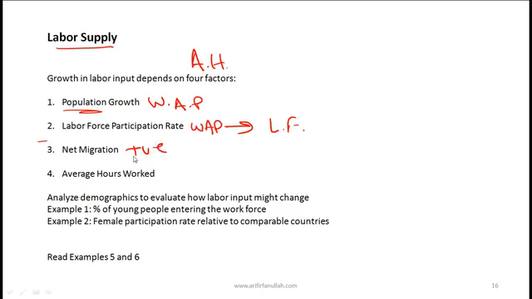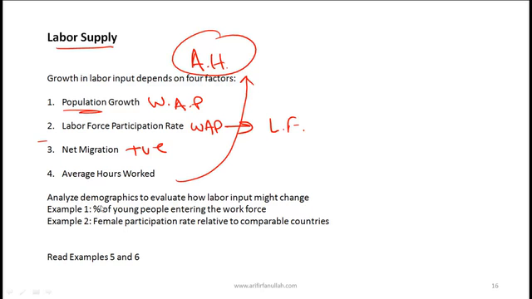So obviously, if net more workers are entering an economy, that will help the aggregate hours. And then finally, the average hours worked. So in a given period, such as a month or a year, on average, how much does a worker work? The higher the average hours worked, the higher the overall aggregate hours.